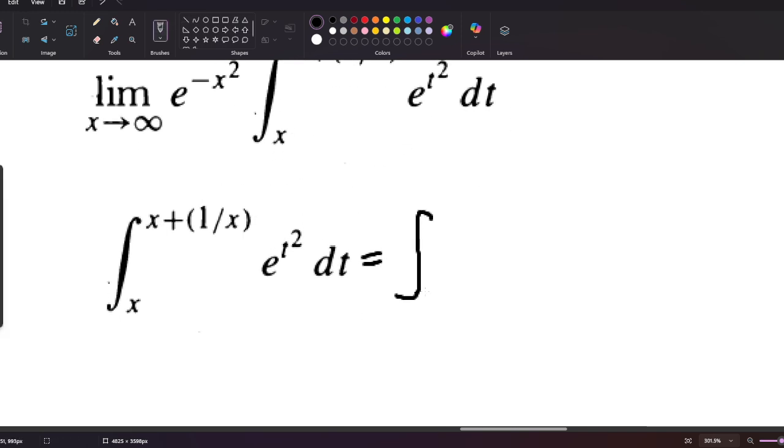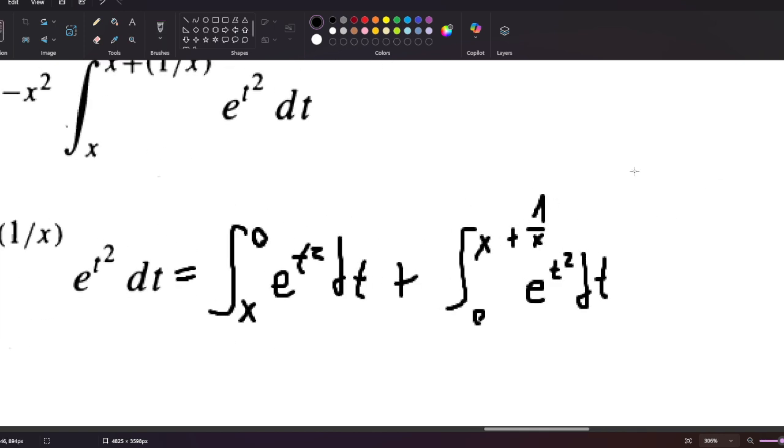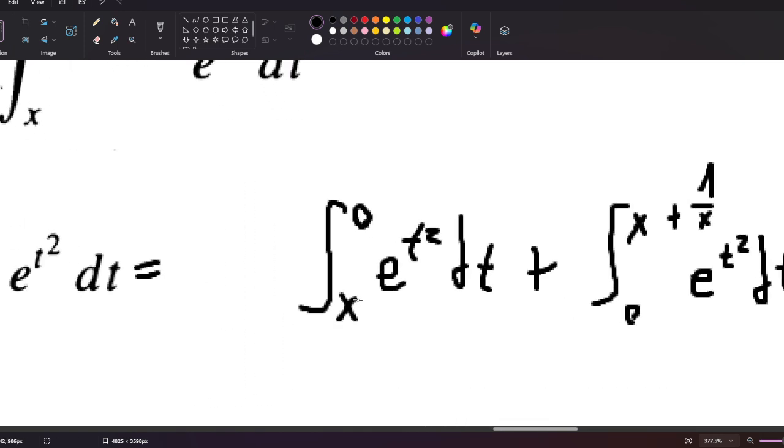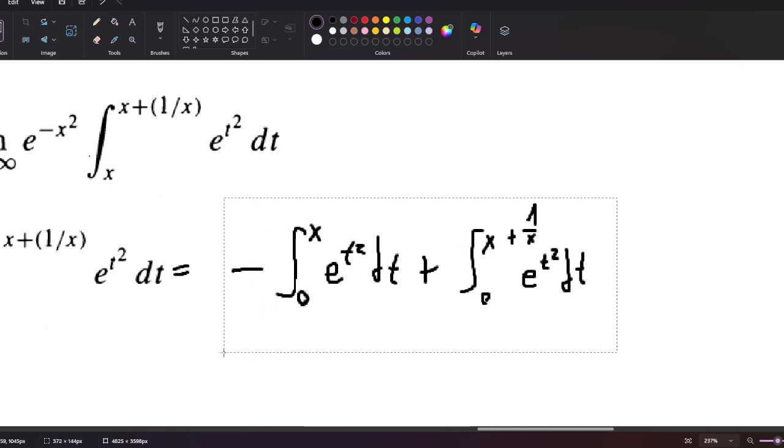I have the integral from x to 0 of e to the power of t squared dt, plus the integral from 0 to x plus 1 over x of e to the power of t squared dt. Now the thing is, for the first one, we can swap x and 0 and just negate it. That would still hold true.